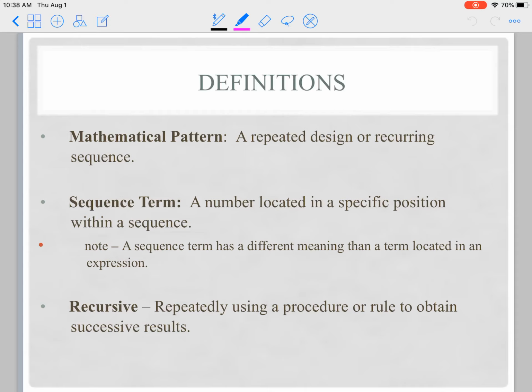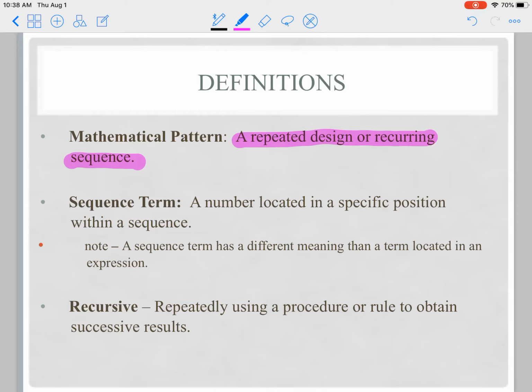So before we talk about each of those learning targets, there are some definitions, some terms that we need to understand and be able to talk about. The first one is a mathematical pattern. A mathematical pattern is nothing more than a repeated design or a recurring sequence, something that's doing the same thing over and over and over.